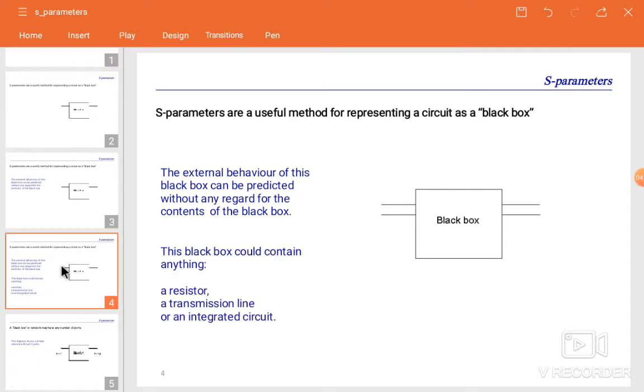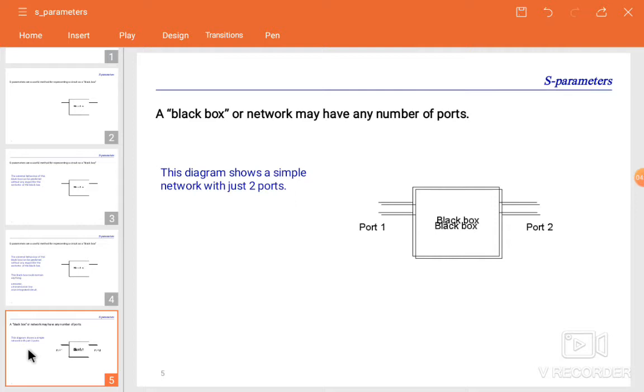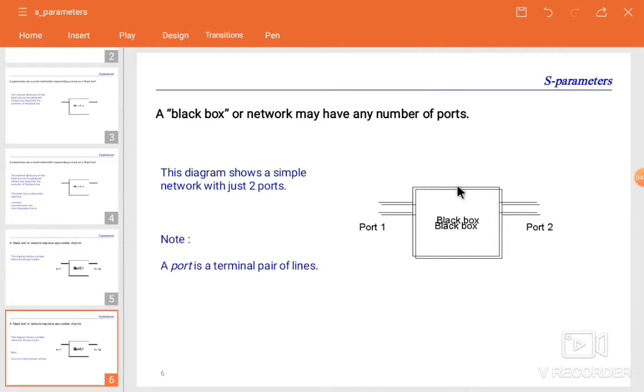This black box can contain anything: a resistor, a transmission line, or an integrated circuit. The simple diagram of a two-port network is shown here. It is quite easy to understand. These are the terminal ports of the lines; basically the two ports of this black box.